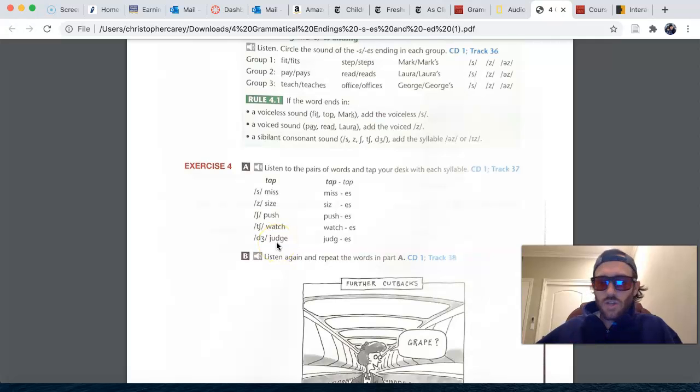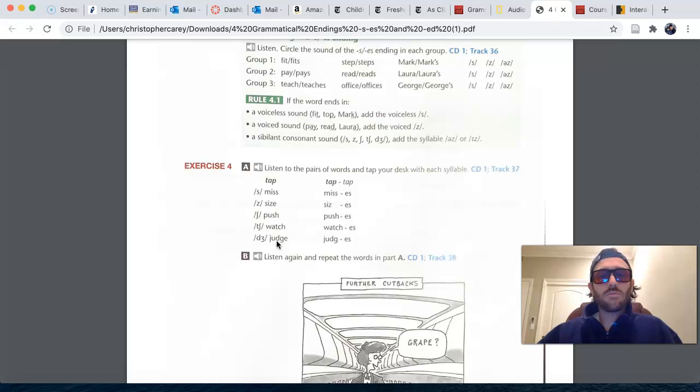And then tap your desk or snap your fingers or count your fingers, whichever method you use. Count the amount of syllables, and remember, in each syllable there's always going to be a vowel sound.